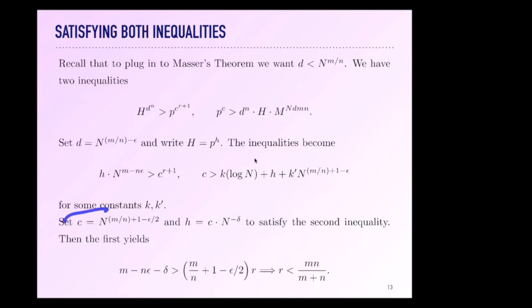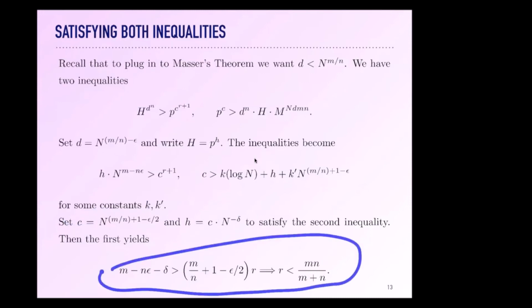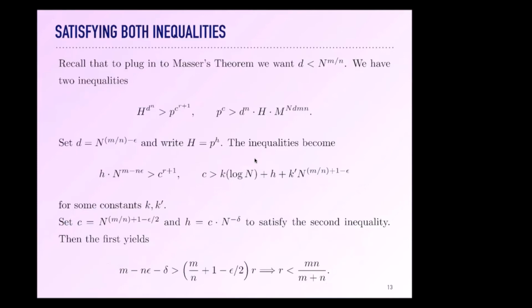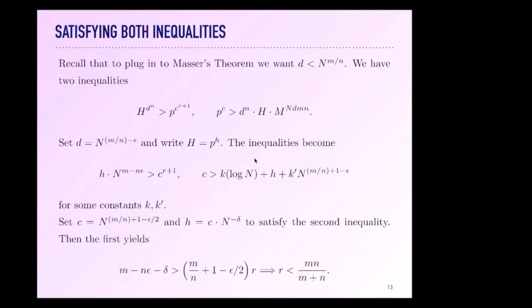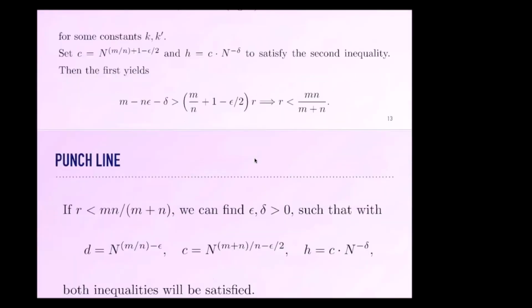Then I plug in these two equalities into this inequality and see what we get. You get some comparison of exponents, and you work out the inequality, and you get exactly that the existence of an epsilon and delta satisfying this holds if and only if r is less than mn over m plus n. Okay, so that's kind of my intuition.